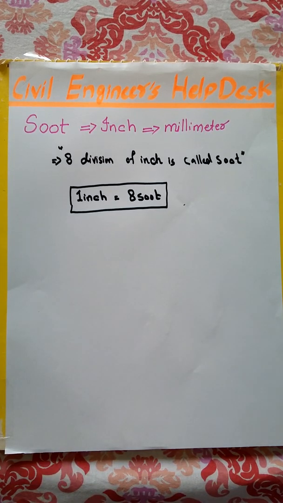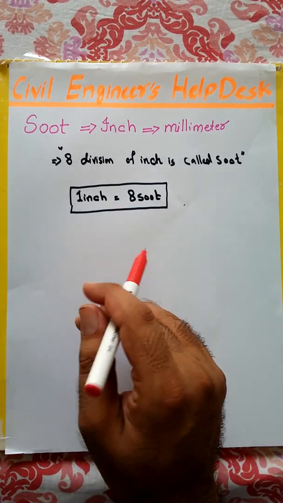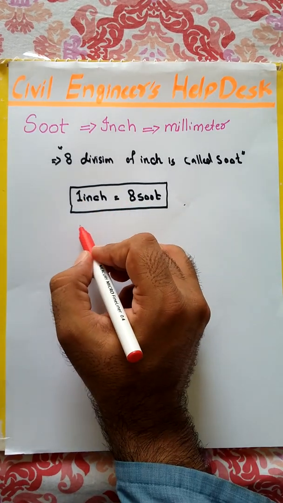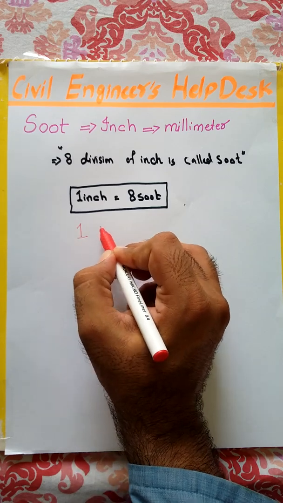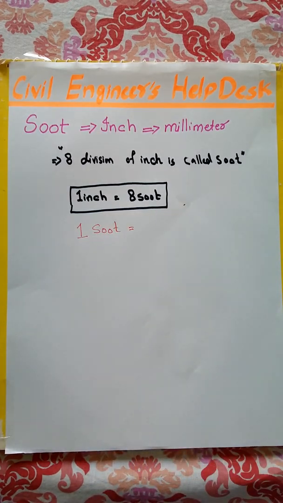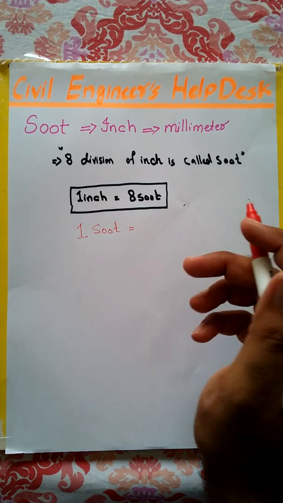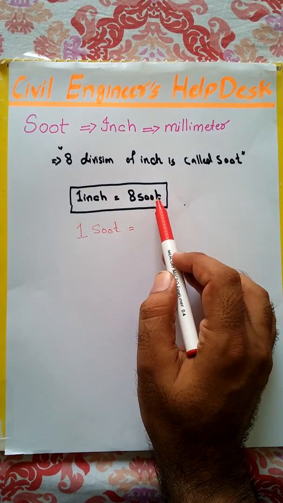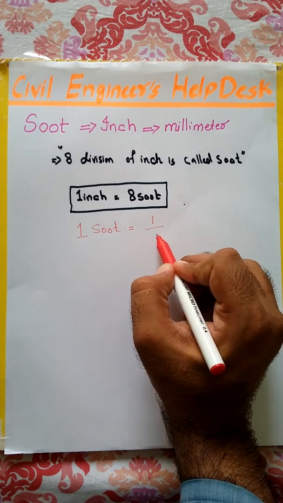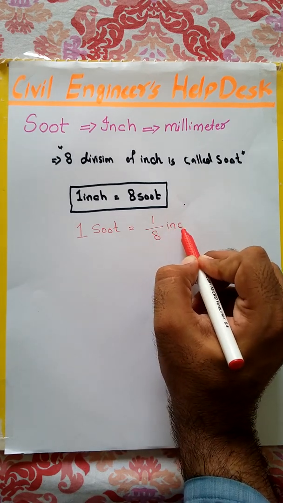If we reverse this, 1 Sooth is equal to how many inches? It's very easy. Since 1 inch is equal to 8 Sooth, 1 Sooth is equal to 1 upon 8 inches.